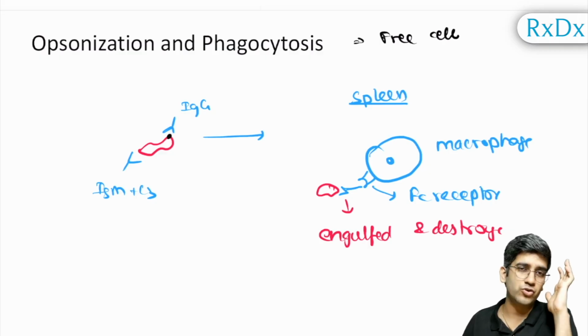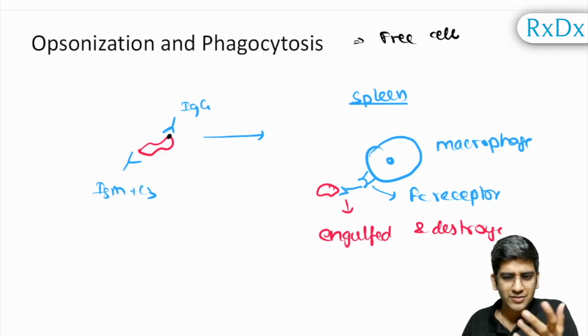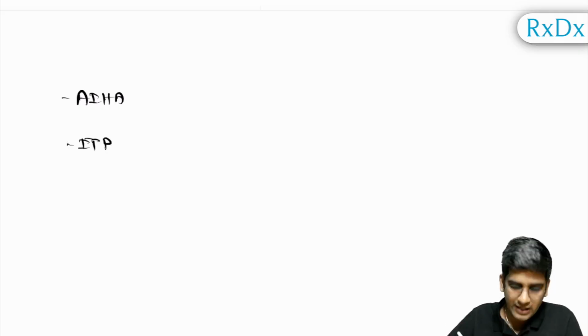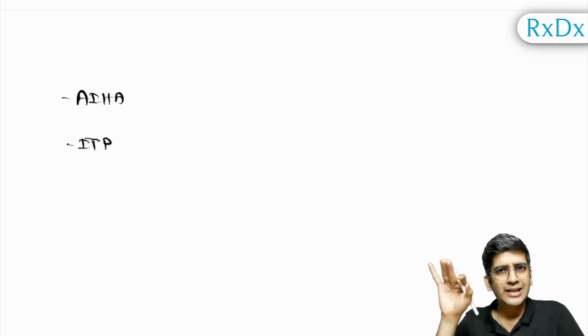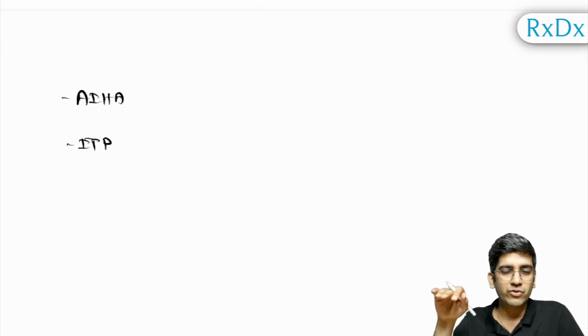Easy for a macrophage to do. The best examples, blood cells. The best examples for me are autoimmune hemolytic anemia and ITP. I want you to know the abbreviation. That's why I'm writing the abbreviation. Autoimmune hemolytic anemia. ITP stands for immune thrombocytopenic purpura. Let's stick to the abbreviation. Notes will have the full form, but still let's stick to the abbreviation because that's important for us to understand.